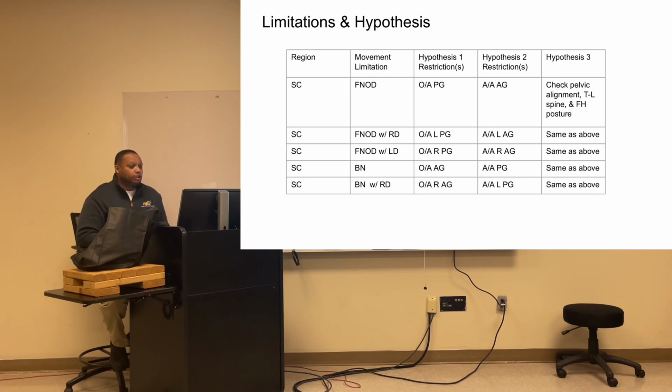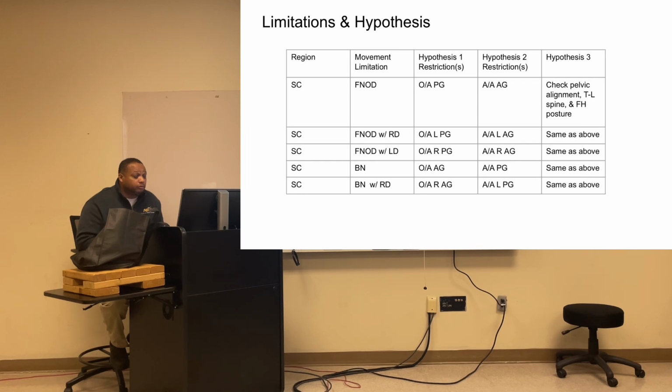Let's go to hypothesis 2. All right. So hypothesis 2 restriction is an AA anterior glide of the atlas on the axis is limited. So that's a restriction that is hypothetical. Hypothesis 2 restriction, AA glide being limited. Jackson, is that legitimate? Oh yeah. Why?